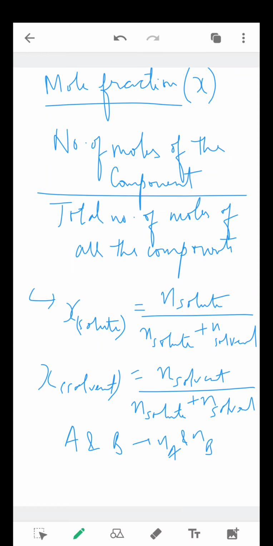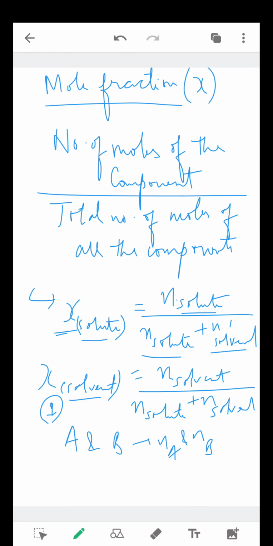Suppose we take the solute as A and solvent as B, then the mole fraction of A is equal to number of moles of A divided by number of moles of A plus number of moles of B. Similarly, mole fraction of B is equal to number of moles of B divided by number of moles of A plus number of moles of B.